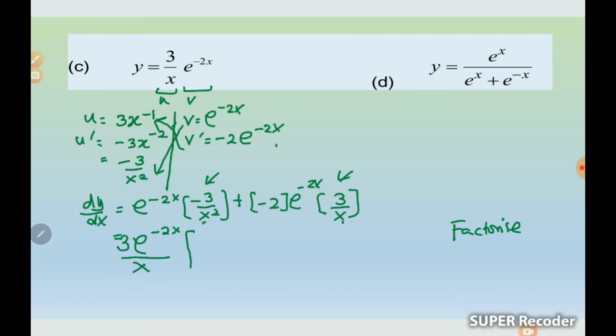So what is the remaining inside the bracket? The remaining is we only have negative 1 over x, and for this one, what is the remaining term? We have negative 2.